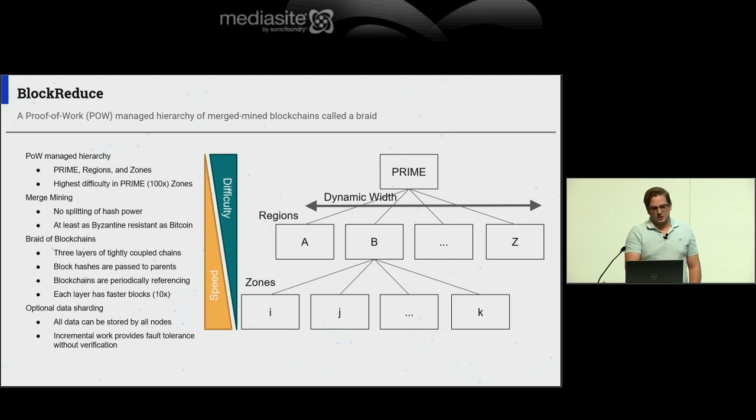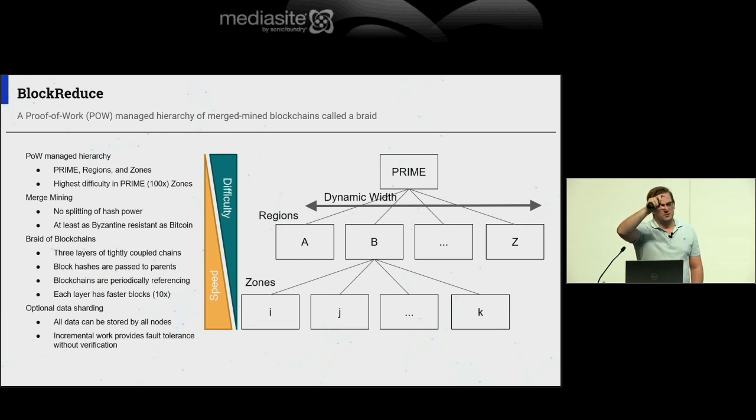So the key to not sharding consensus and to not creating these sort of zones of trust is merge mining. Every block header in this architecture looks like every other block header in this architecture.